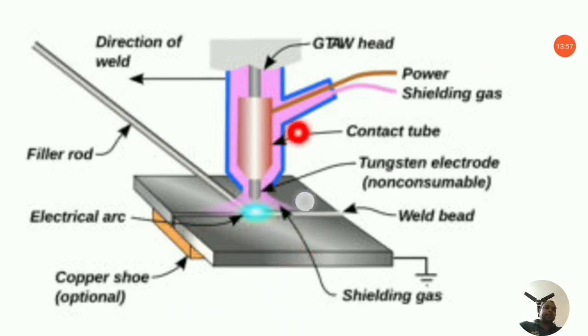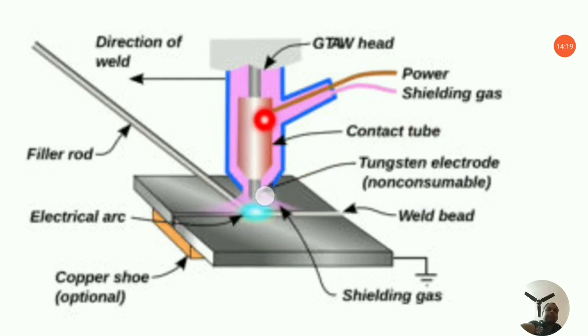Here is the shielding gas. Generally argon, helium, carbon dioxide are used as shielding gases to protect the material from being oxidized by the atmospheric oxygen. Okay, so in order to make the atmosphere inert, we are using the shielding gas.